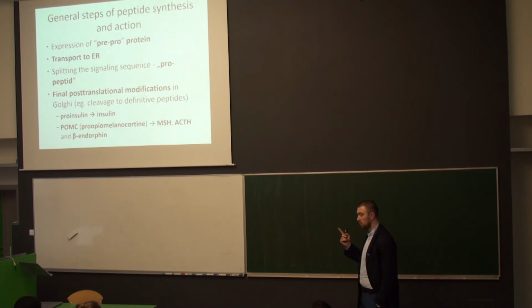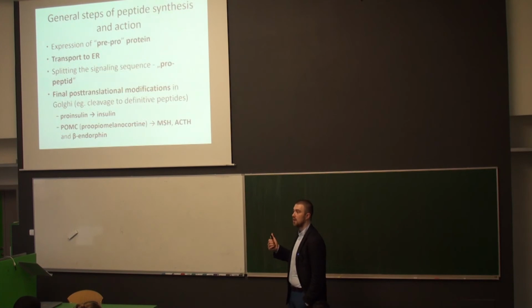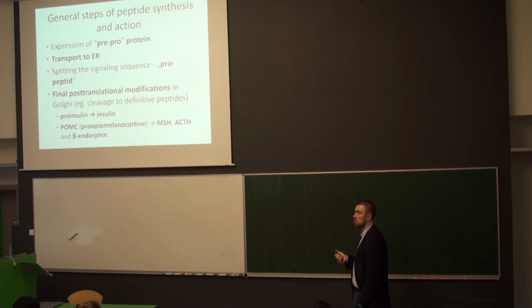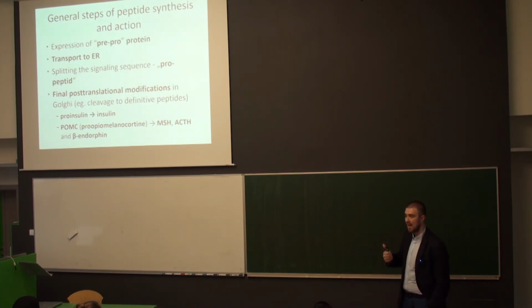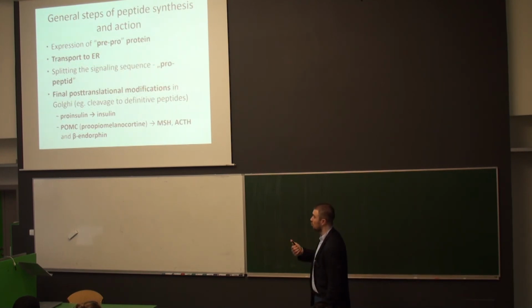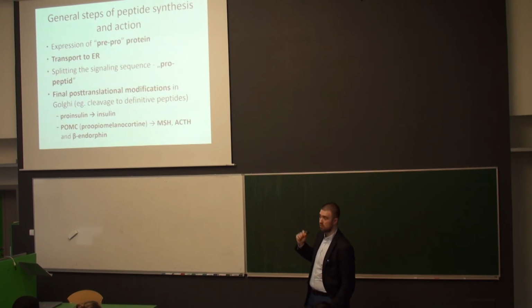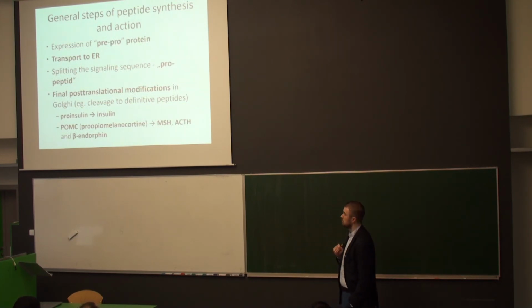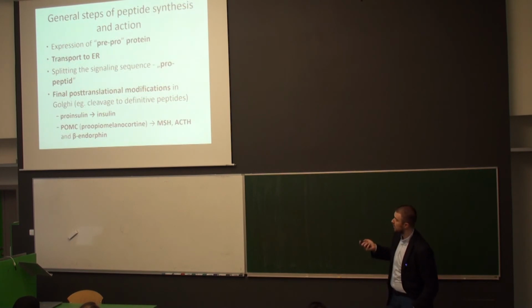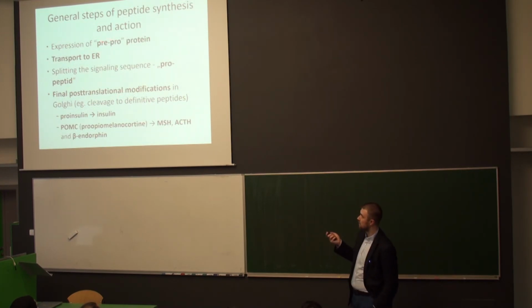So if you want to produce a protein, what must you do? You must start in the nucleus and do the transcription process. Then you must go to ribosomes and do the translation process. What you will produce is the molecule of the pre-pro protein. If we use the term hormone, we can call it pre-pro hormone, and for the insulin molecule, pre-pro insulin.